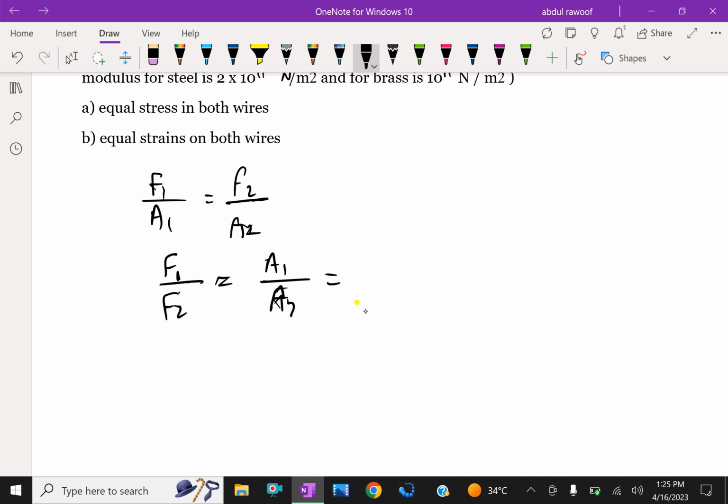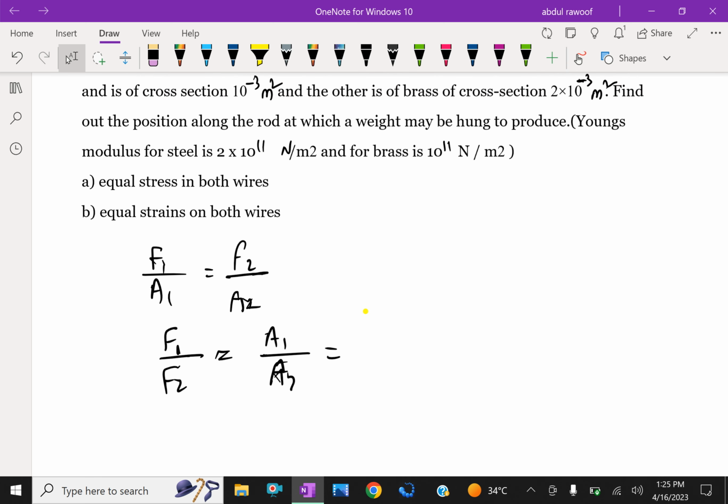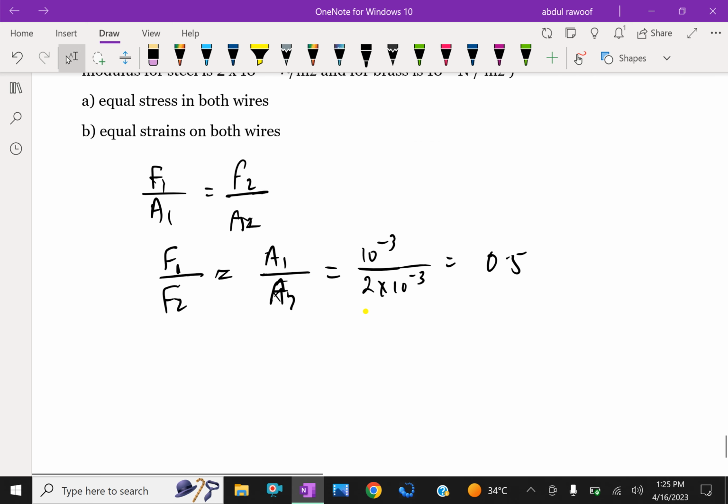The cross section of steel is 10 power minus 3 over the cross section of brass 2 into 10 power minus 3, which is equal 0.5. That is, the ratio of the forces on steel and brass is 0.5.